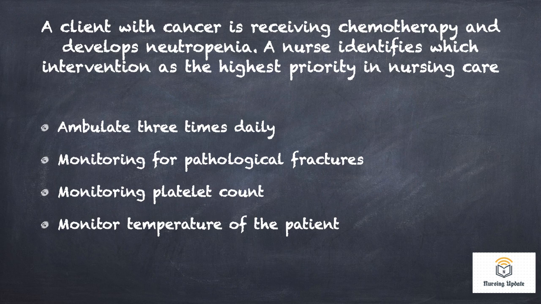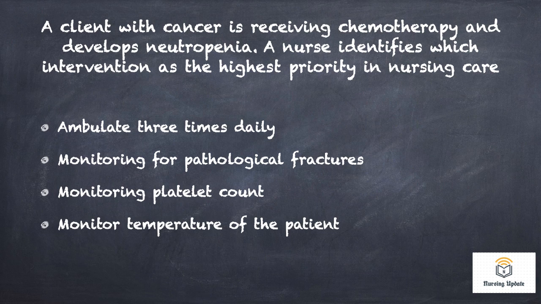The patient is on chemotherapy and develops neutropenia. You should know what neutropenia is. Neutropenia means a decrease in neutrophil counts. Normal neutrophil counts are usually 2500 to 5000. If it is less than 1500, that means the patient is in neutropenia.